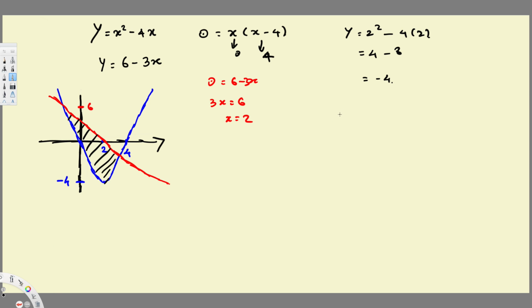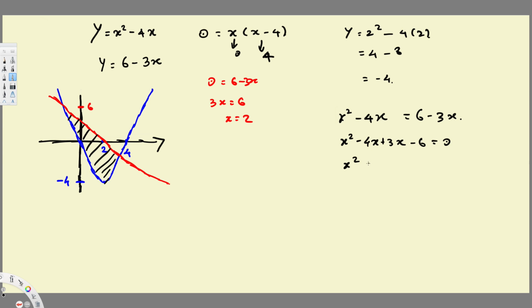So here the first equation is x square minus 4x, and that is equal to 6 minus 3x. So let's bring everything to one side. So it's going to be x square minus 4x plus 3x minus 6 is equal to 0.